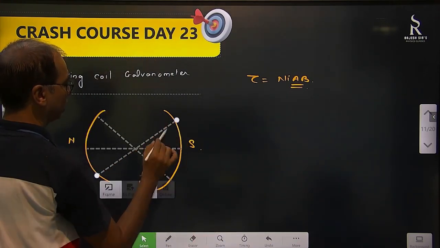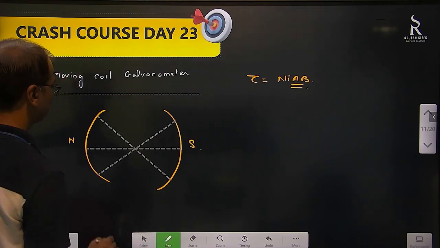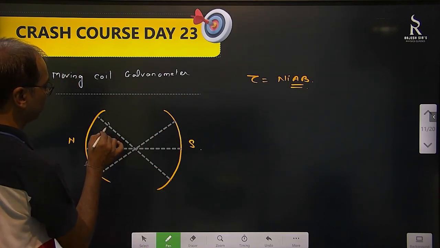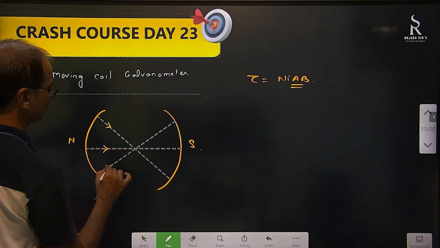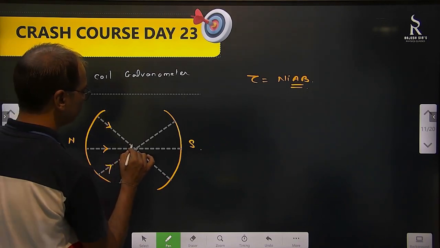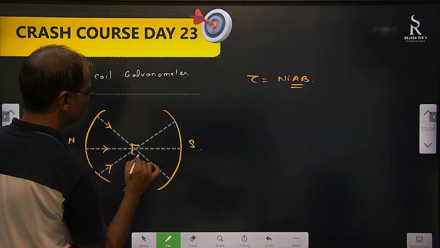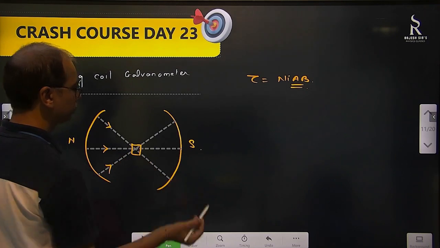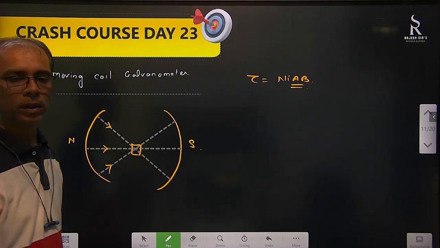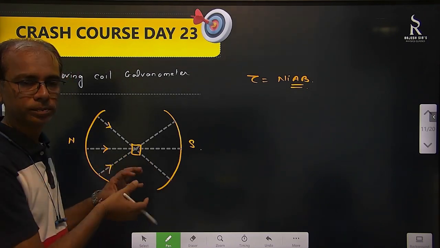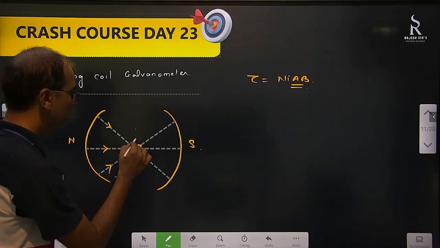This is how the direction of magnetic field is. If this is N to S, the direction will obviously be this one. And here will be the coil. This coil is going to rotate.